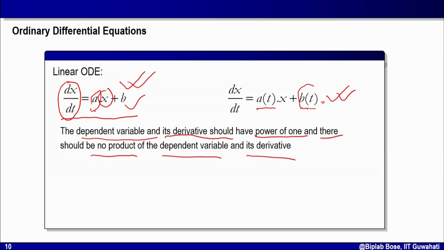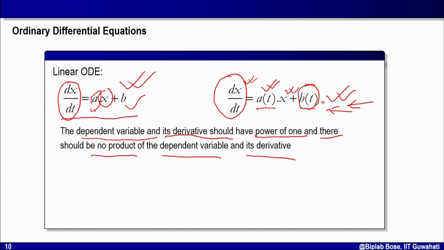So b itself depends upon t, and a itself depends upon t and changes with time. But in this equation, we have only written the derivative of x, and we have no product of dx dt and x, and the power of x is maximum 1 and the power of dx dt is also 1. So this equation is also a linear ODE.